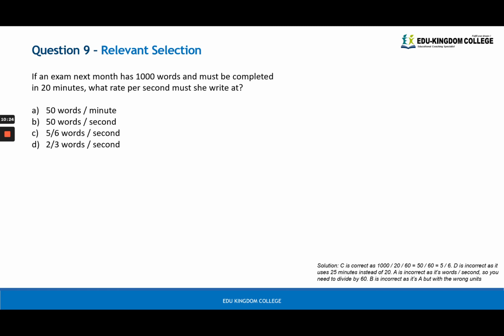Okay, 9. An exam next month has 1,000 words and must be completed in 20 minutes. At what rate per second must she write? So 1,000 words per 20 minutes. So you can see here that one of them is expressed in minutes and one of them is in seconds.